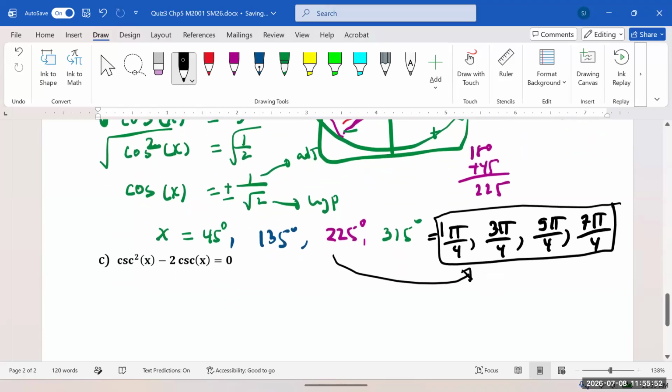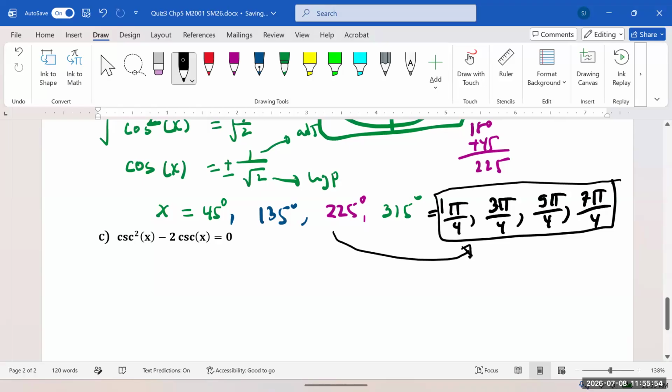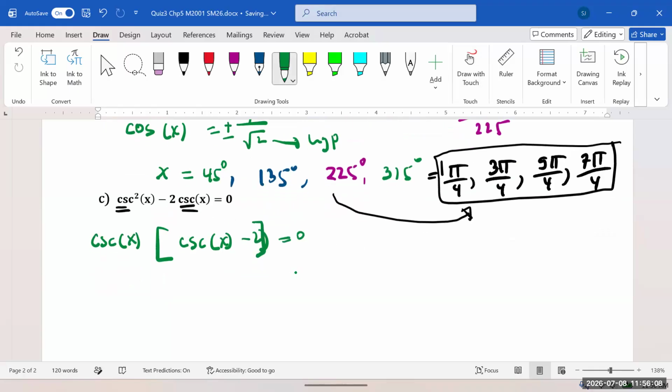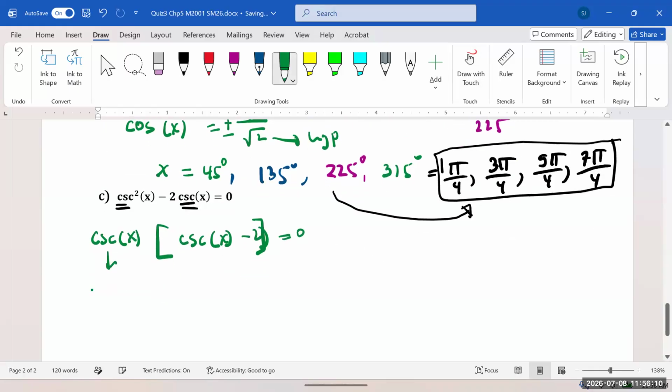Okay, the last one, cosecant. We have cosecant in both of them, so we have to factor out cosecant. And we're left with cosecant x minus 2 equals 0. So we have cosecant x is 2.